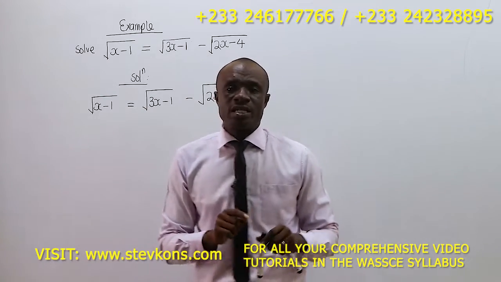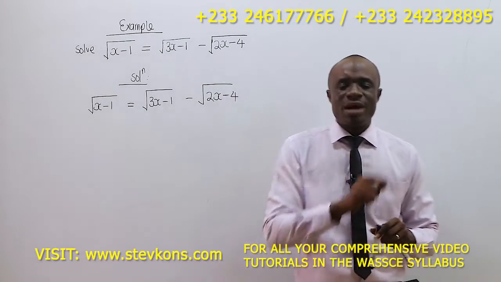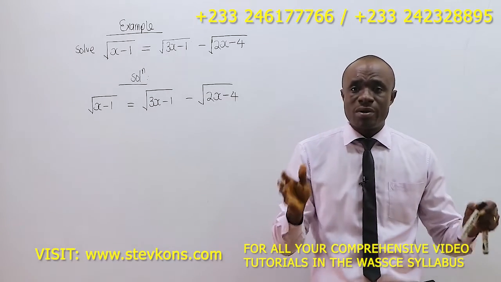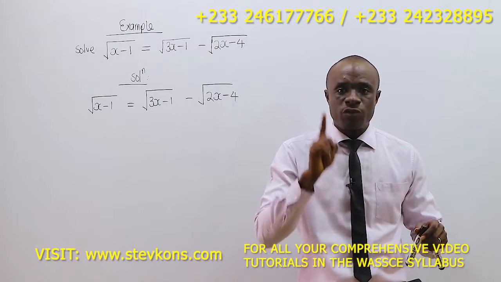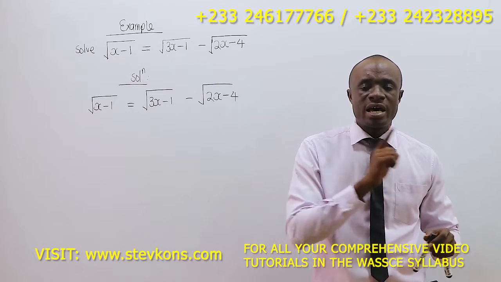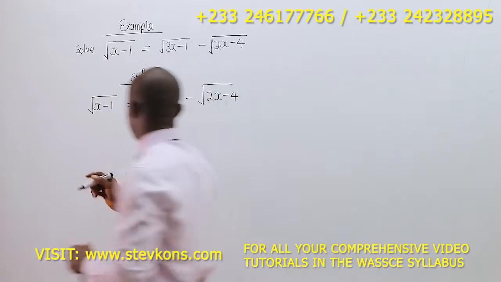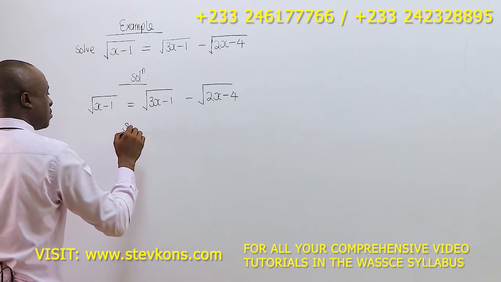Now, I want to find x, but this x is in a radical. So what are we supposed to do? It's in a radical, so first we have to square both sides. Very, very important. So the first thing is we square both sides.